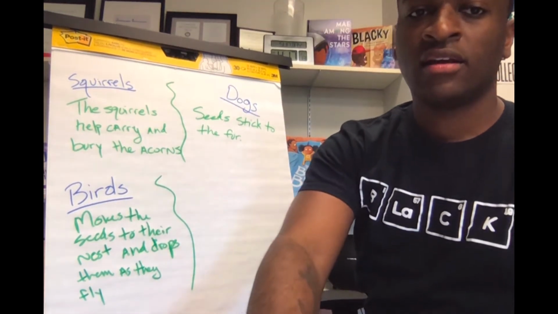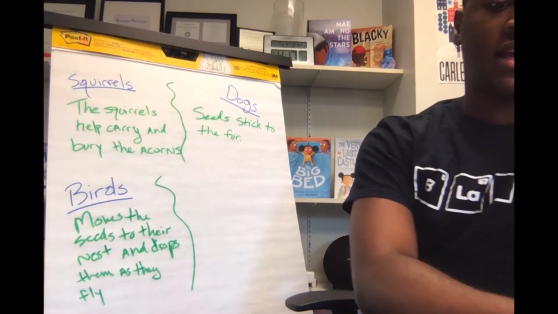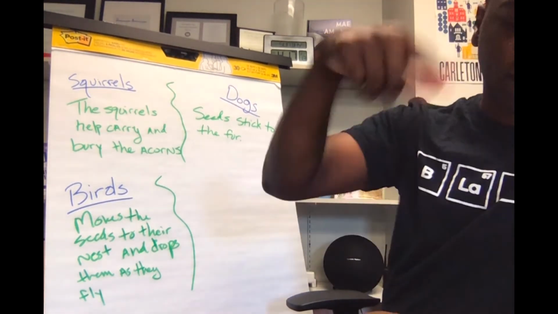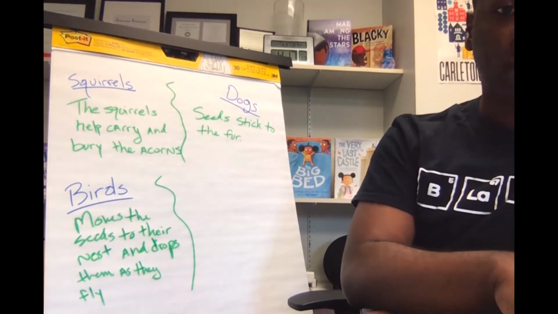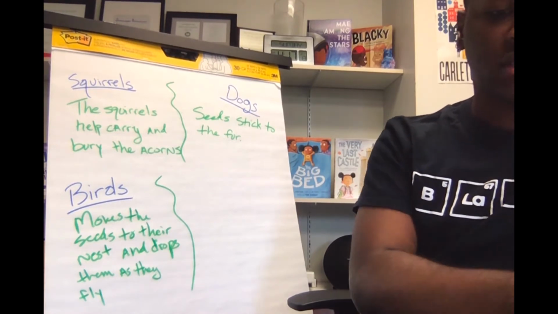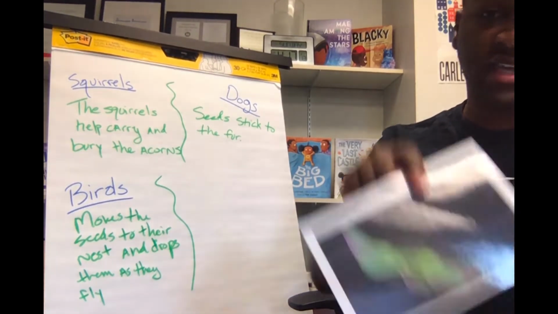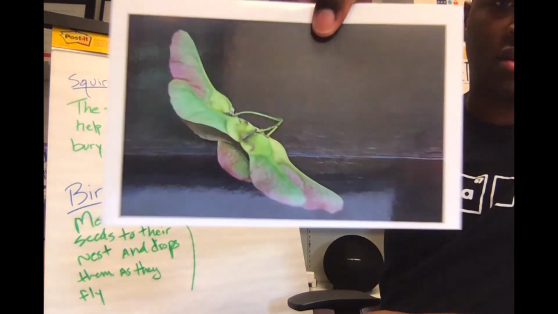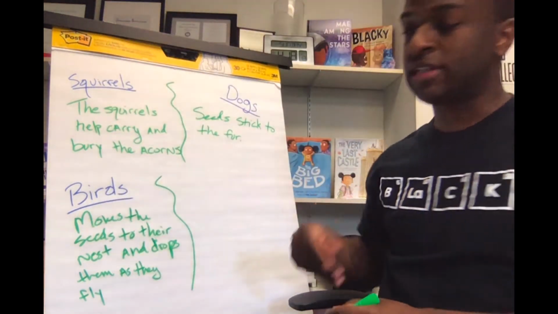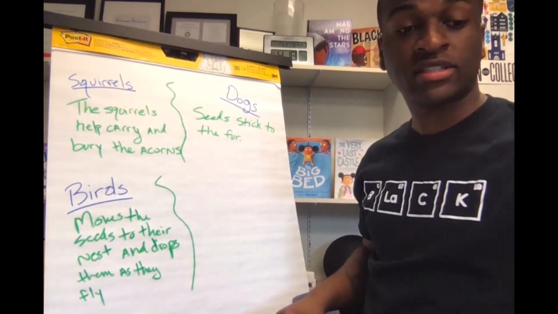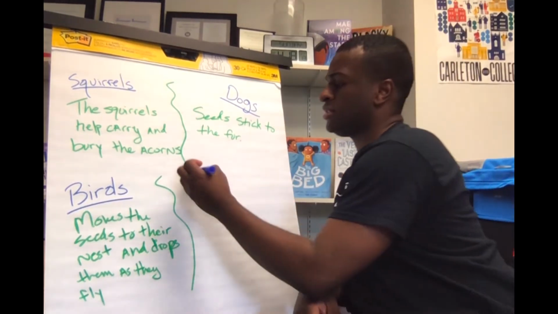Nice. So when we talked about those things that were like helicopters when they fall like that, those are maple seeds. And when the maple seeds fall, it's not just always the animals that help with that. These are the maple seeds. It's not always the animals that help with that. Sometimes it's the wind. So let's write maple seeds here.